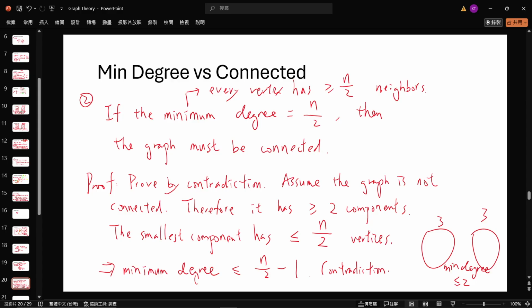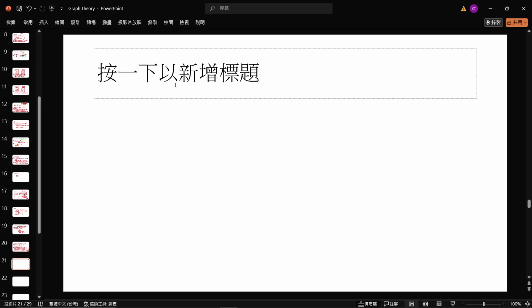The first one is strong connectivity, or strongly connected, sorry. Okay, and the other one is weak connectivity, or weakly connected. Yeah, so I believe so. So two types of connected graph.